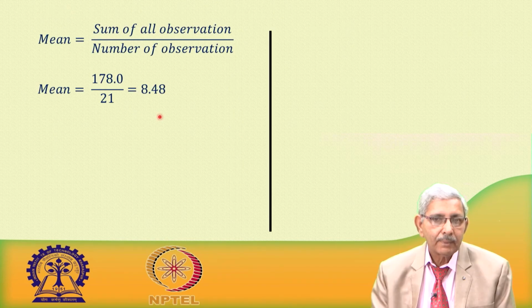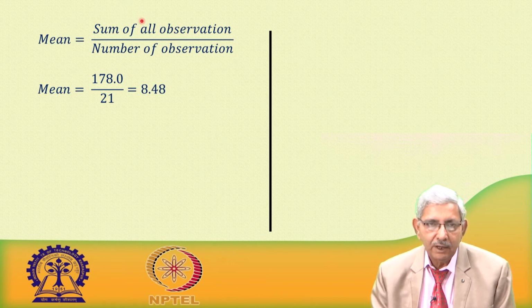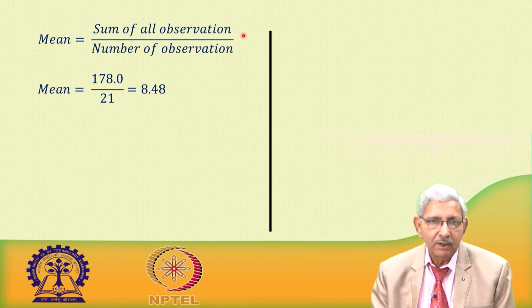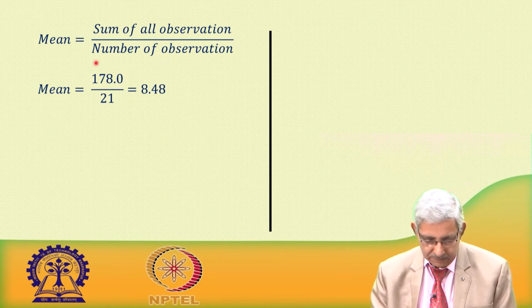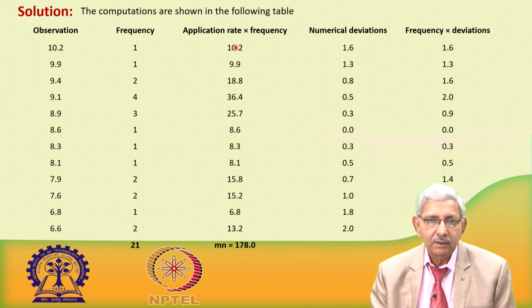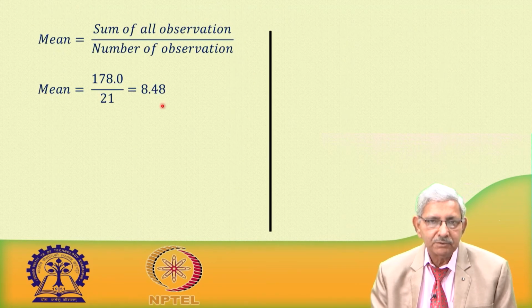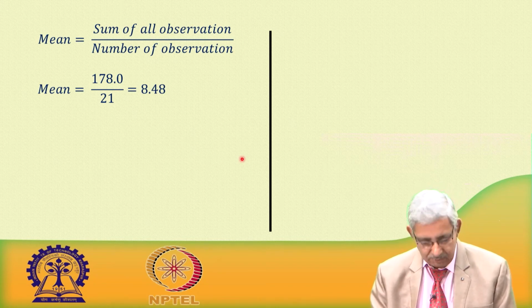So, the mean m equals the sum of all observations divided by the number of observations. The sum of all observations is nothing but the previous value, the depth of application multiplied by the frequency. So, this is 178 divided by 21, which is 8.48 millimeter or ml, whatever unit we use.